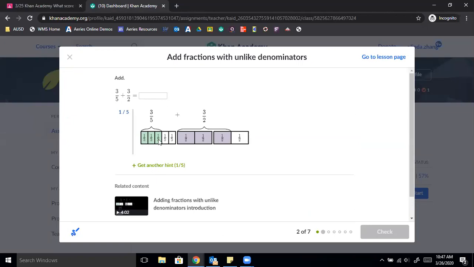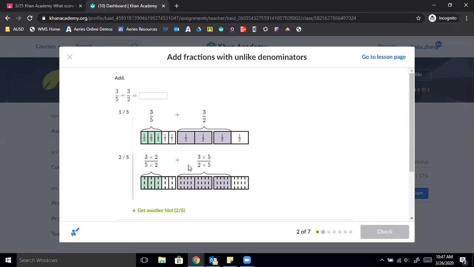So we've got 3/5, we've got 3/2 here, and they've drawn it out for us. And honestly, the pictures look beautiful. I wish I could make graphics like those. Okay, so they've divided them up. The 3/5, everything in the fifths, they split it up into 2. So now we have tenths here.